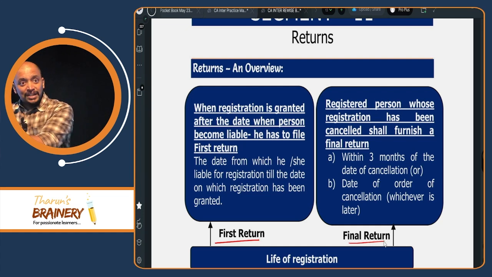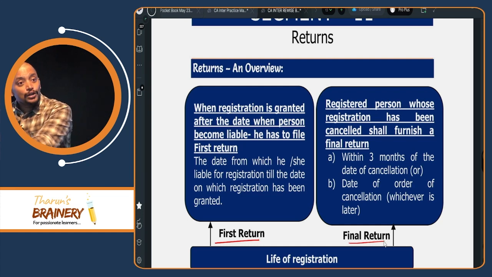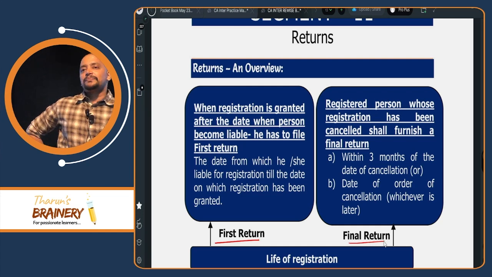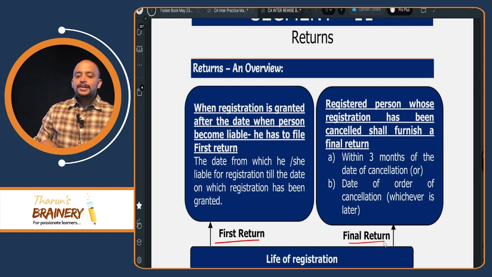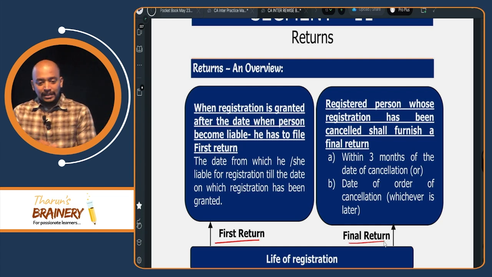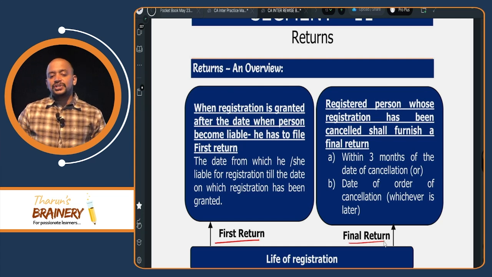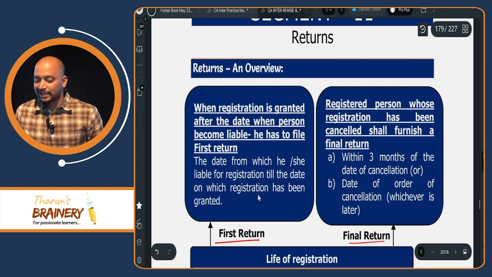Now in that April month when I am filing return, I should not only include the return details of April month, but also the details from 10th of March, from the date I am liable to get registered. Please read there. So when registration is granted after the date when a person becomes liable, the date from which he or she is liable for registration till the date of registration, they need to include the details.